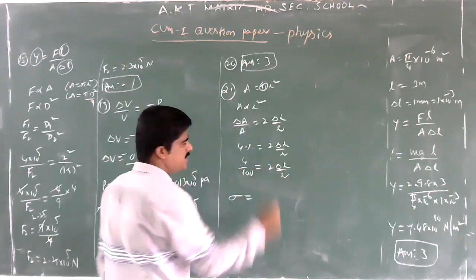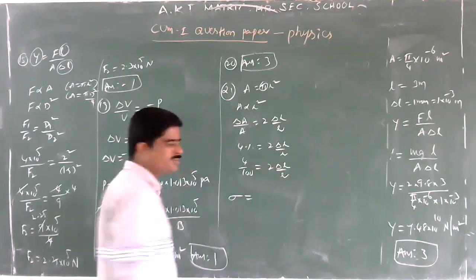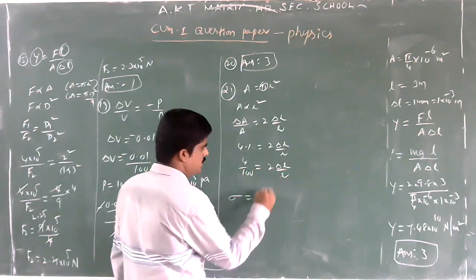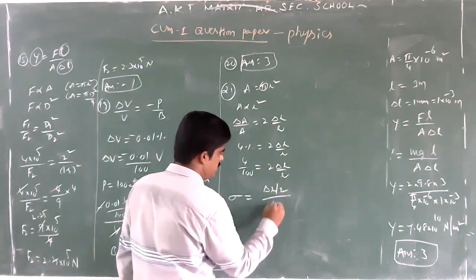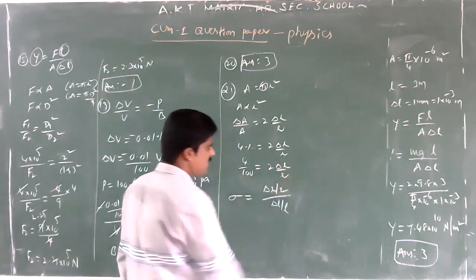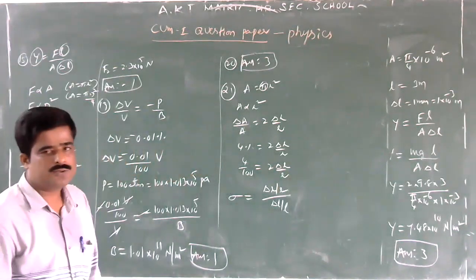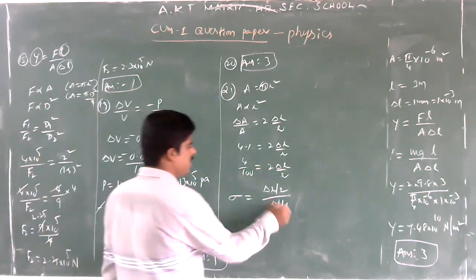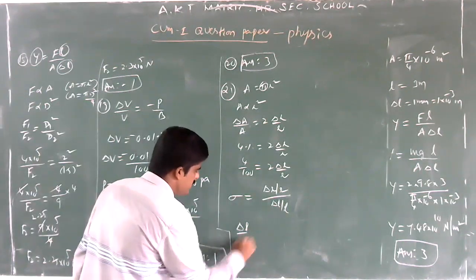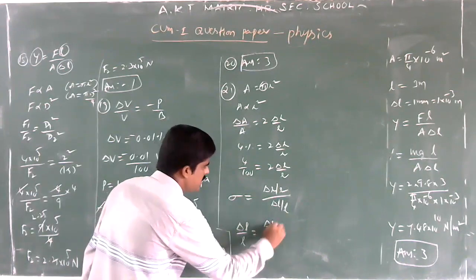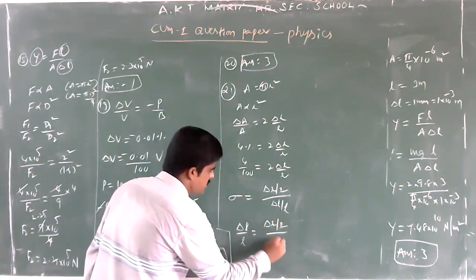But we know that Poisson ratio sigma is equal to the ratio of lateral contraction divided by longitudinal elongation. Here we want to find the longitudinal elongation. Delta L by L is equal to delta R by R divided by sigma.